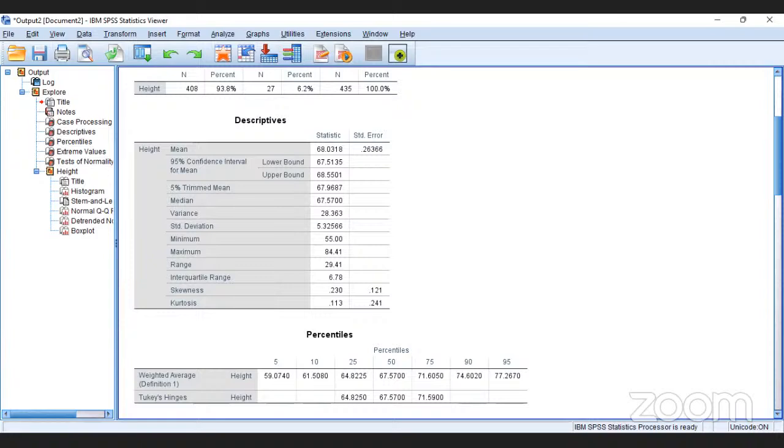It is symmetric when we have equal representation on both sides. I assume I'm talking to people who understand what that is, the shape of a normal distribution. So it could be positively skewed or negatively skewed, depending on whether the mean is higher than the median or the median is above the mean.